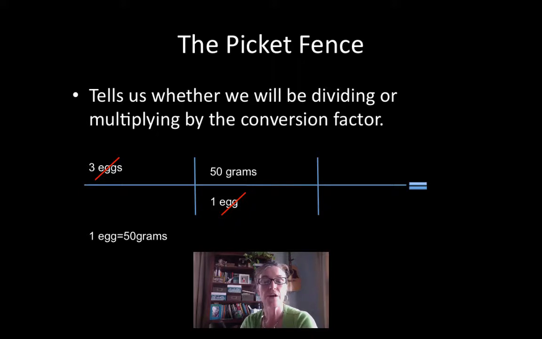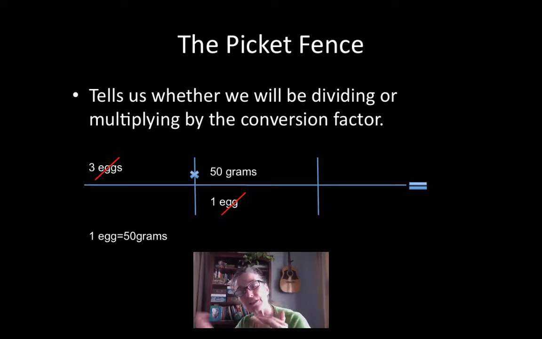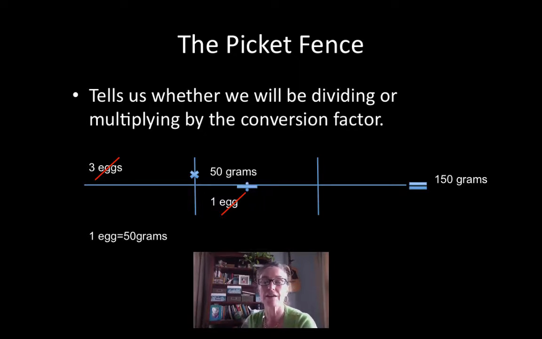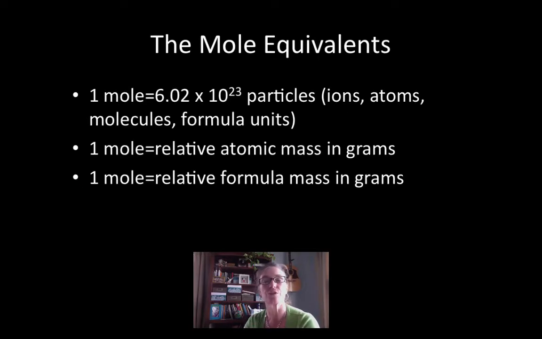And so the math that the picket fence tells me to do with these numbers is to multiply 3 times 50 grams and then divide by 1. And so my answer is 150 grams. So this is how we use the picket fence to help us do conversion by dimensional analysis of these equivalence ratios.